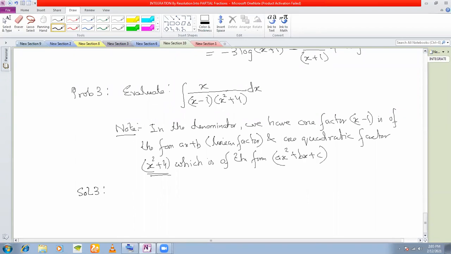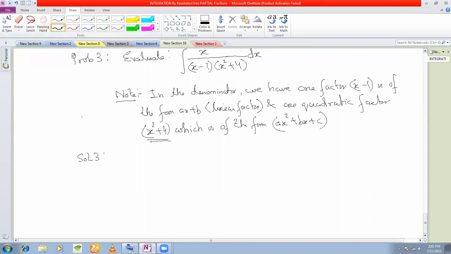But since you are not able to factorize x square plus 4, what you'll do here is let x by (x minus 1) into (x square plus 4) be equal to, for the linear factor, a constant, a by x minus 1.